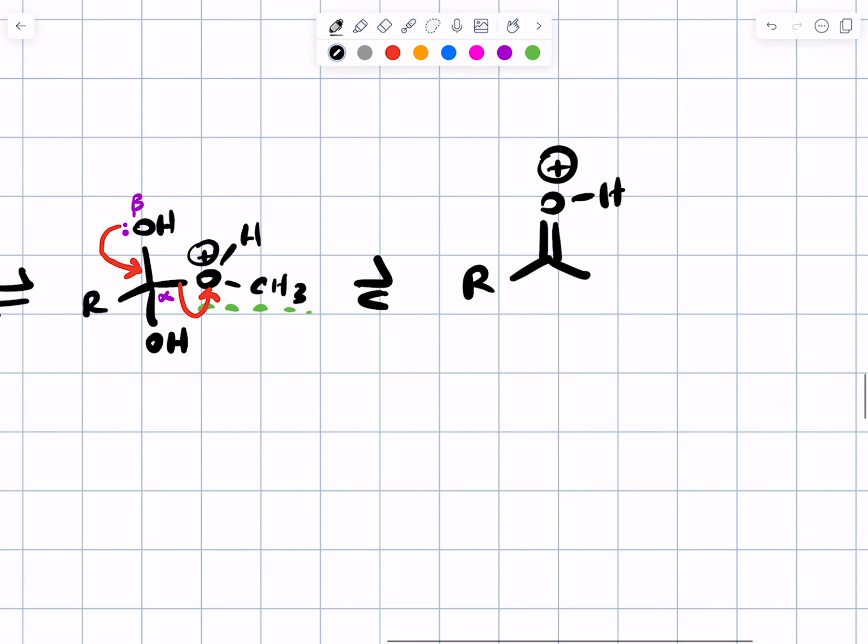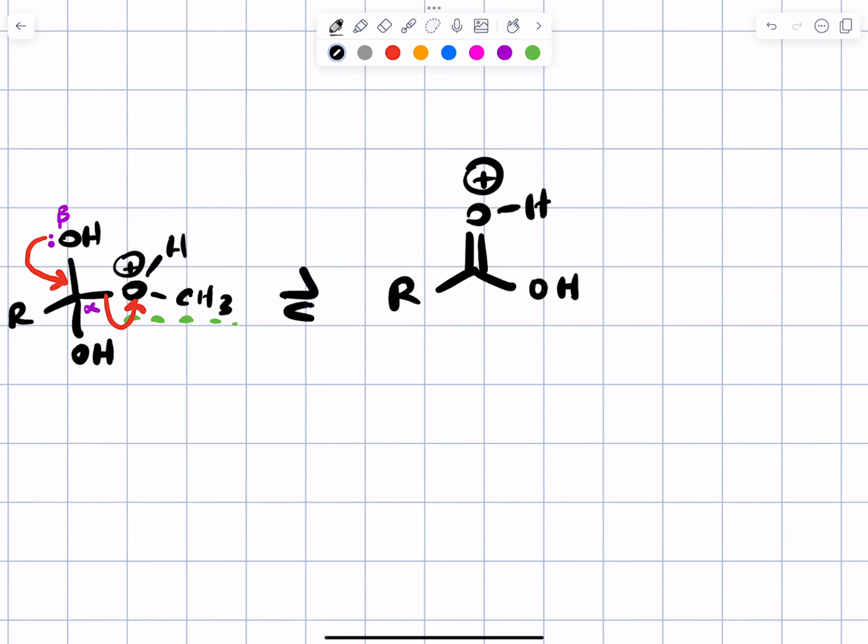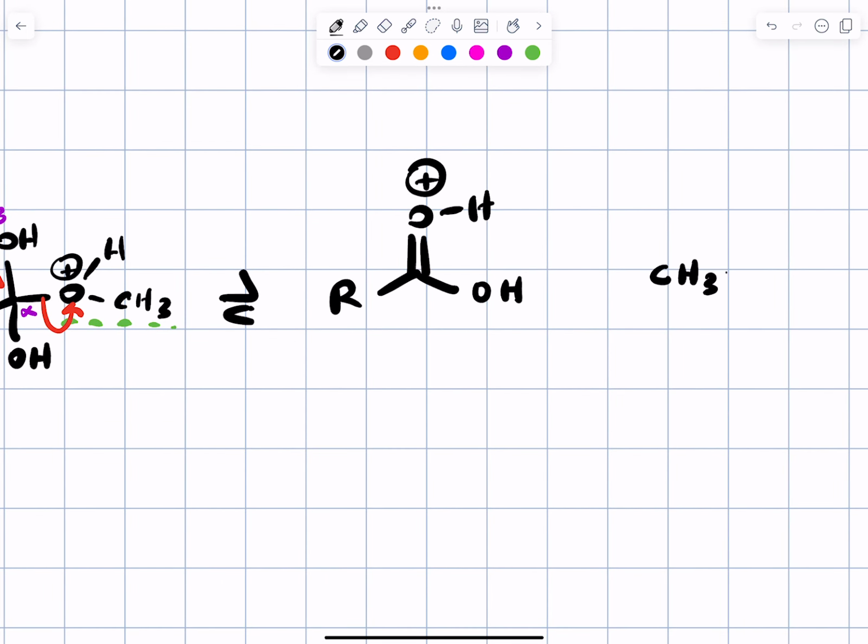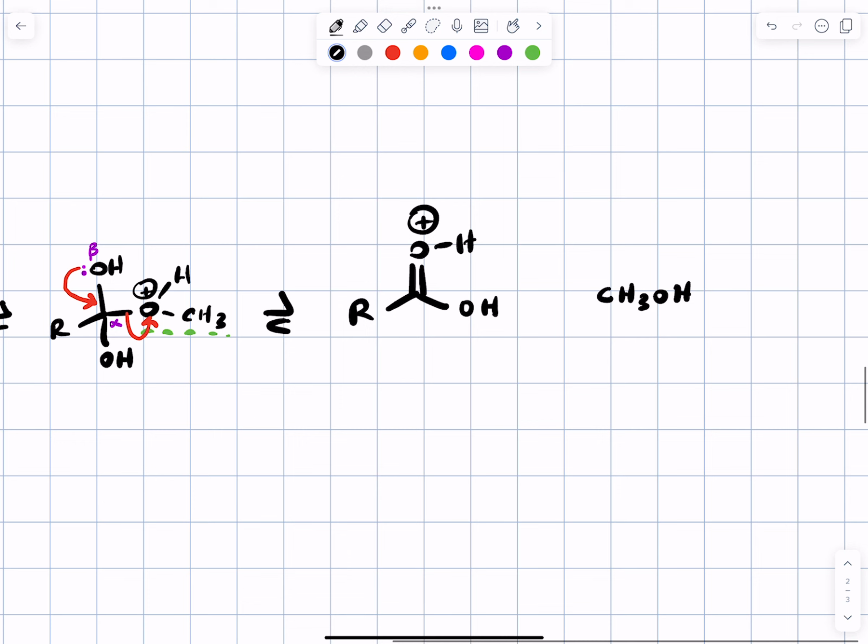Kicking off of a positively charged oxygen by a neutral oxygen should look reasonable to you because in effect you are trading one oxonium ion here for another here. The leaving group in this case was methanol.